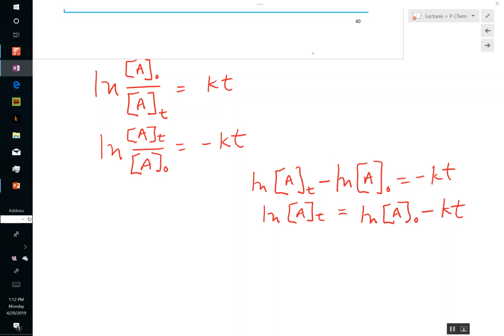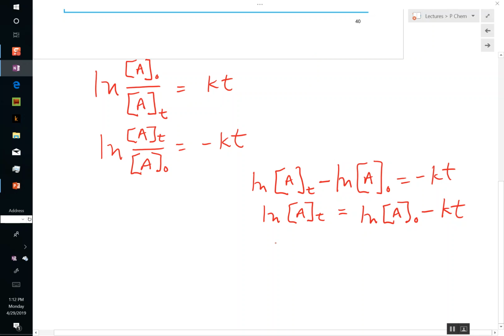But what we have is y equals mx, let's see, do we? We don't have y equals mx plus b right there, do we? If you flip around the kt term and the ln A naught term, is it mx plus b? Yeah.